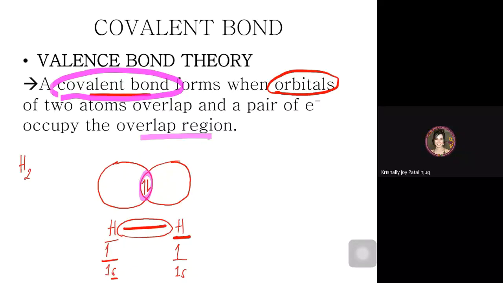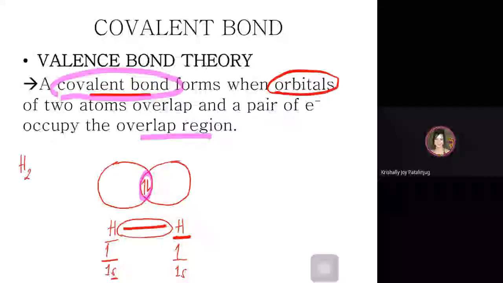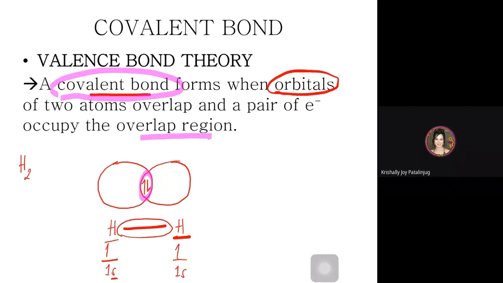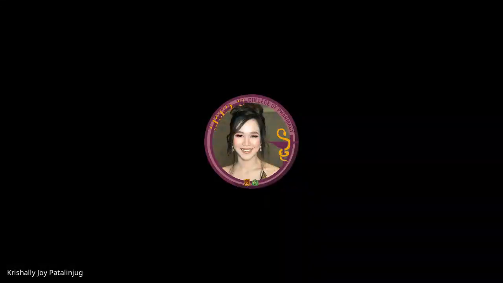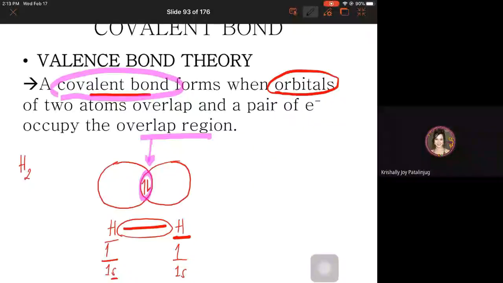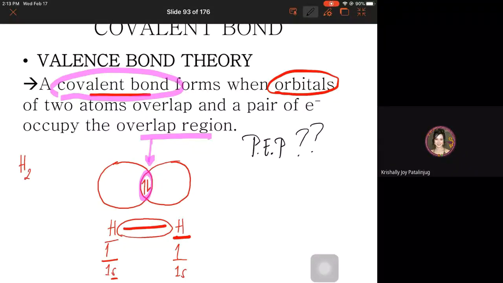You have orbitals of two atoms overlap. On that region where the orbitals overlap, that is where a pair of electrons will occupy. And as a requirement, based on the Pauli's exclusion principle, di ba? Recall, ano yung sabi sa Pauli's exclusion principle? Sabi dito, no two electrons in an atom can have the same set of quantum numbers.